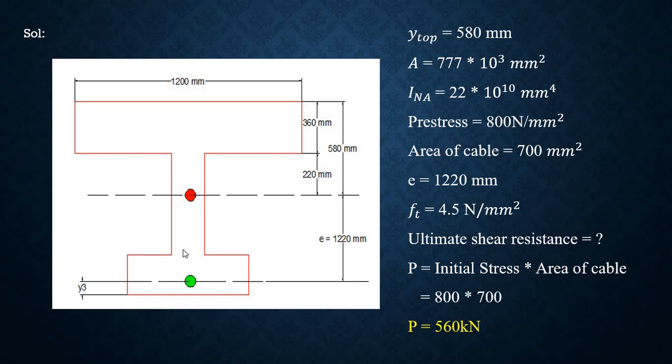From the center of the cable to the neutral axis or centroid, the distance between these two is eccentricity. e is equal to 1220 mm. So write the measurements like this: 1220 mm and 580 mm is the centroid distance from the top, and overall depth they have given as 2000 mm.